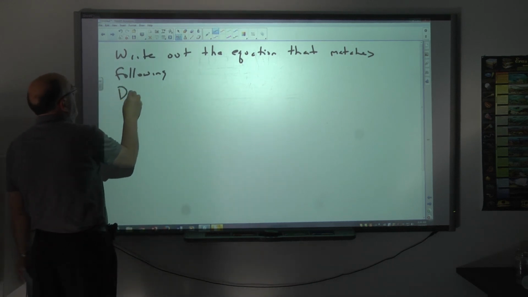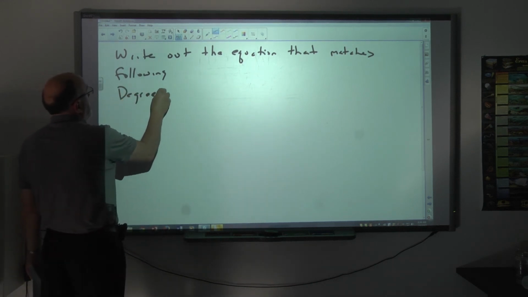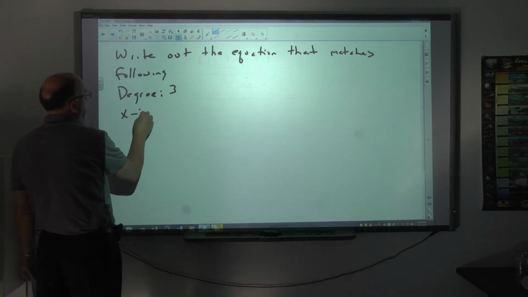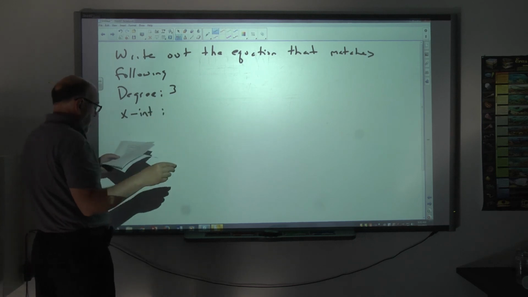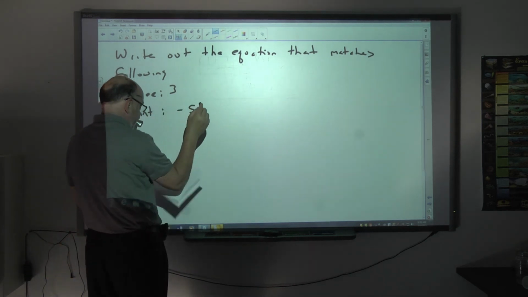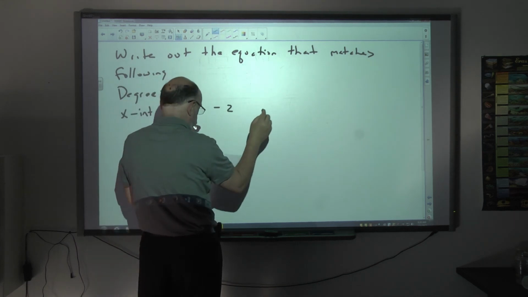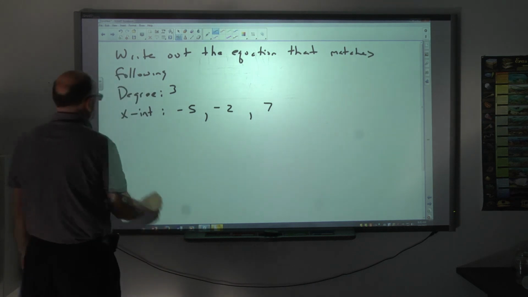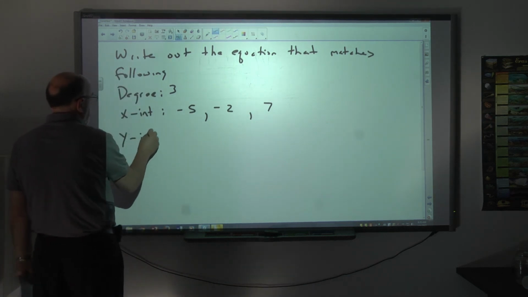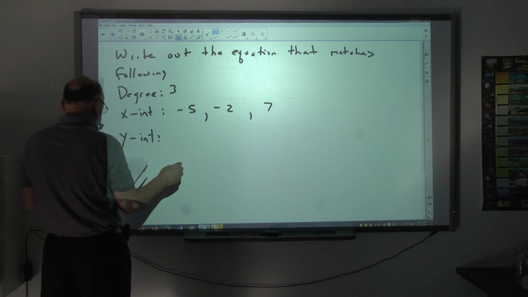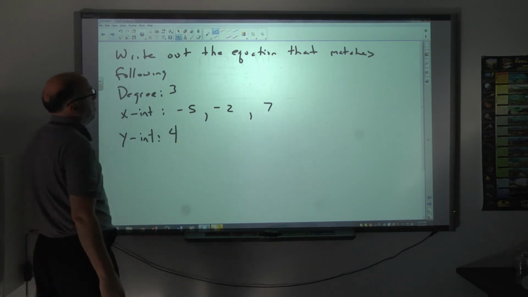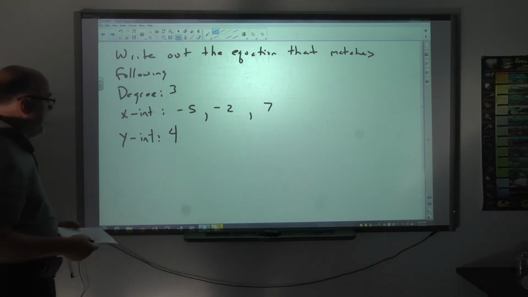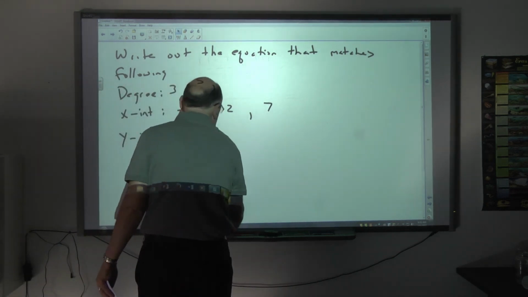So we want the degree of the equation to be 3. We want the x-intercepts to be -5, -2, and positive 7. And we want the y-intercept to be 4. Right? So we're going to write out a third-degree equation that has those intercepts, and we want to come up with the equation that goes with that information.